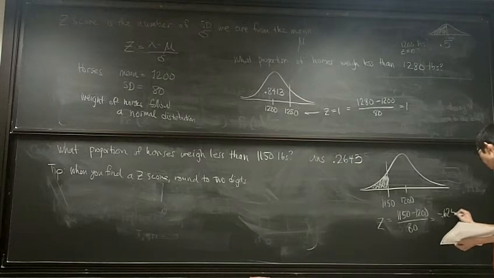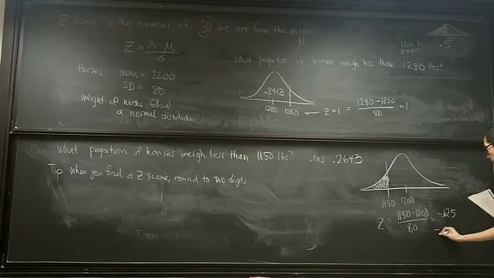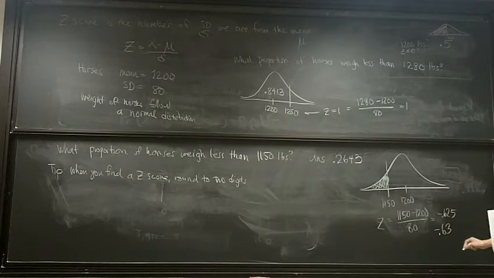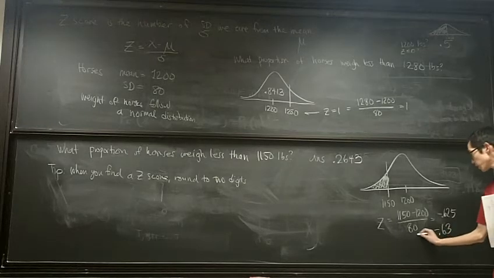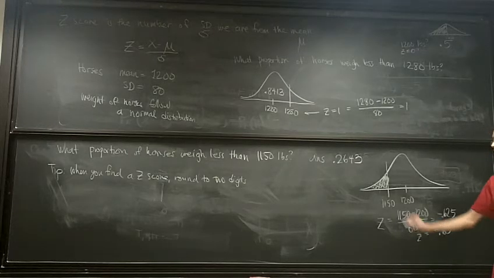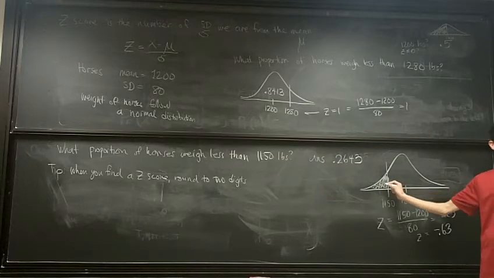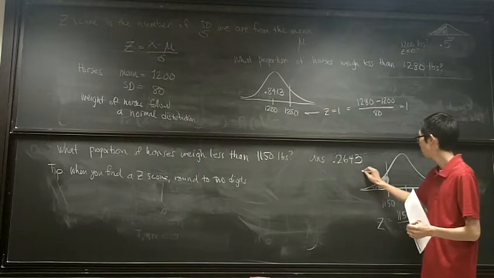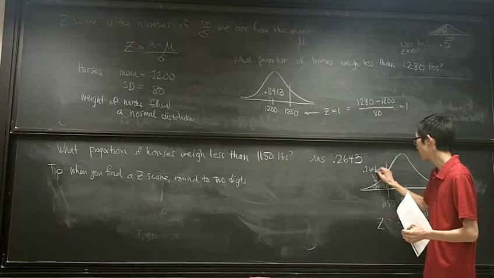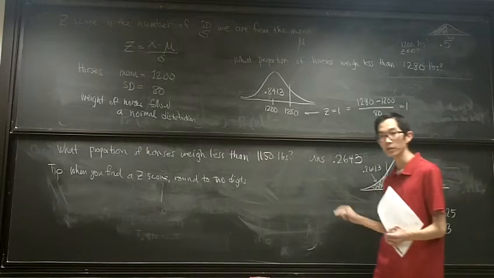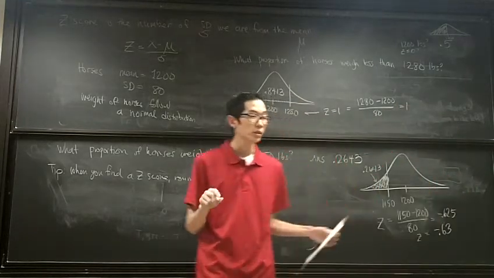Now, because we're dealing with this table, we have to deal with 2 digits. So I round this to negative 0.63. Remember your rounding rules. So when I look up z equals negative 0.63, what is the area that it gives me? 0.2643. Is that okay?